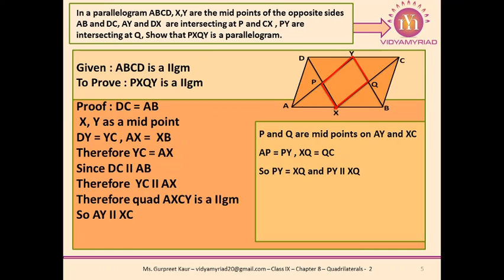So now what will happen? I can take the interior part, that PY will be equal to XQ, and thus PY is parallel to XQ because those lines are parallel to one another. Similarly, the other two sides can also be made equal and parallel, and when one pair of sides is equal and parallel, we can say PYQX is a parallelogram.